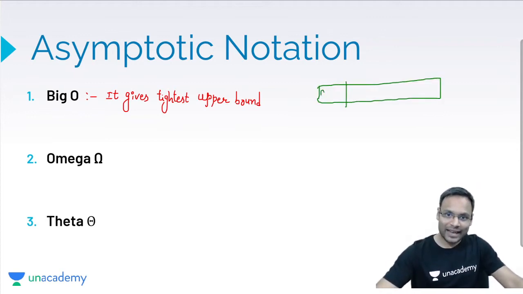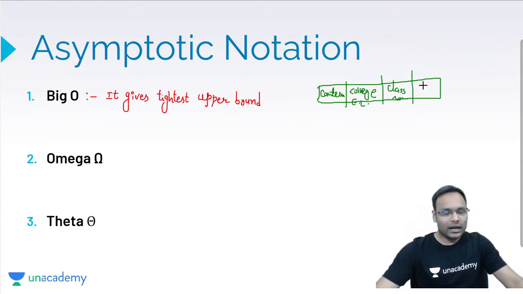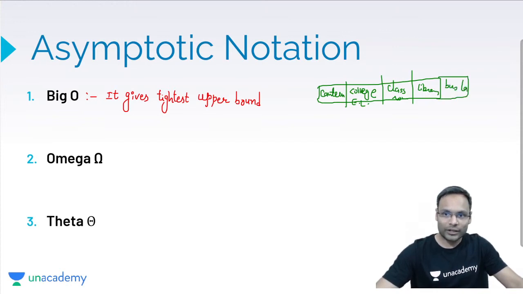The first place is the canteen, of course. The second place is, let's say, the college entrance lobby. The third place is the classroom. The fourth place is, let's say, the library. And the fifth place is, let's say, the parking, where you park your vehicle.